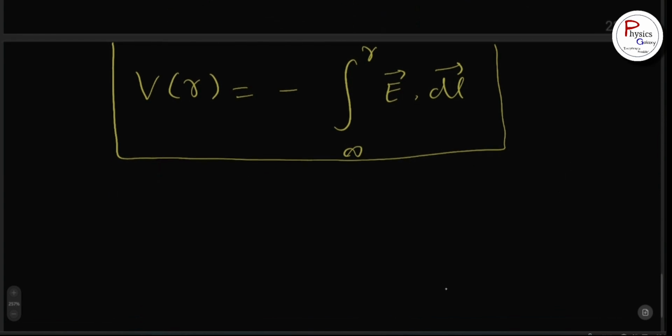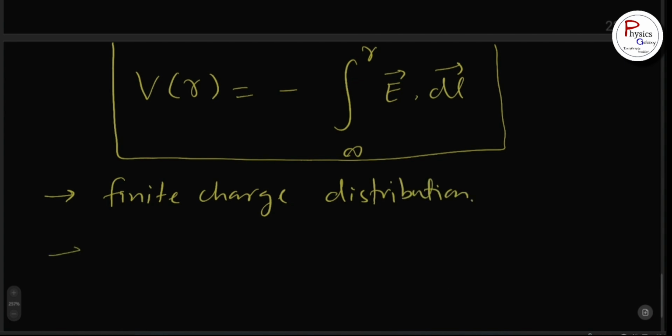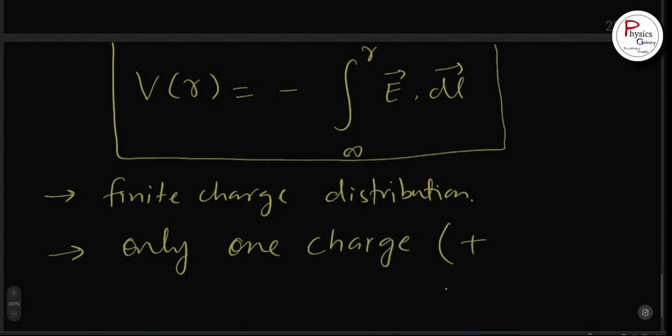Now, if I have a finite charge distribution, and if we put one more condition, that the charges are either positive or negative, only one type of charge, that means it can be only positive charge or only negative charge.